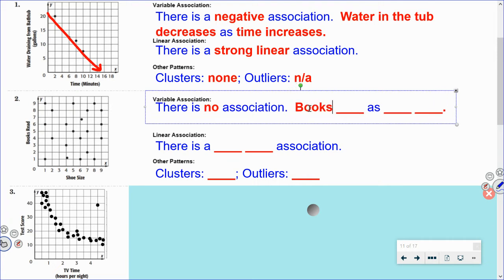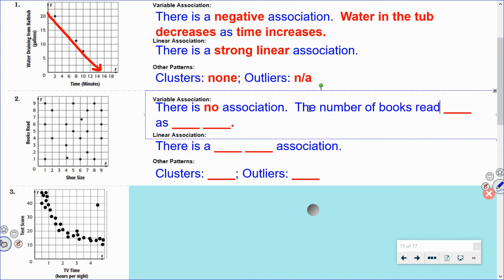In other words, the number of books read, how about we say, is not affected by a person's shoe size.